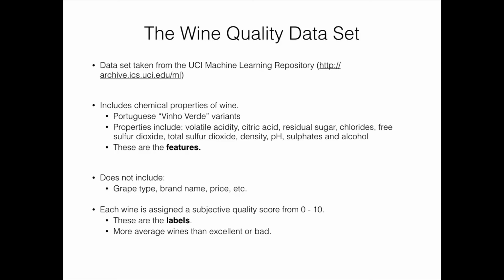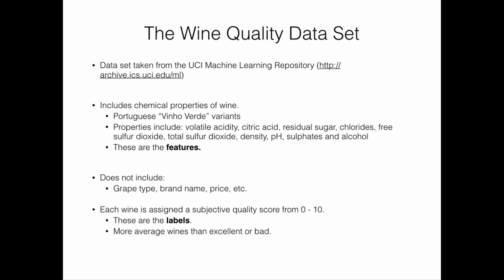The data set that we used for this demonstration is the wine quality data set taken from the UCI machine learning repository. I have the link here. This includes chemical properties for wine of the Portuguese Vinho Verde variant.